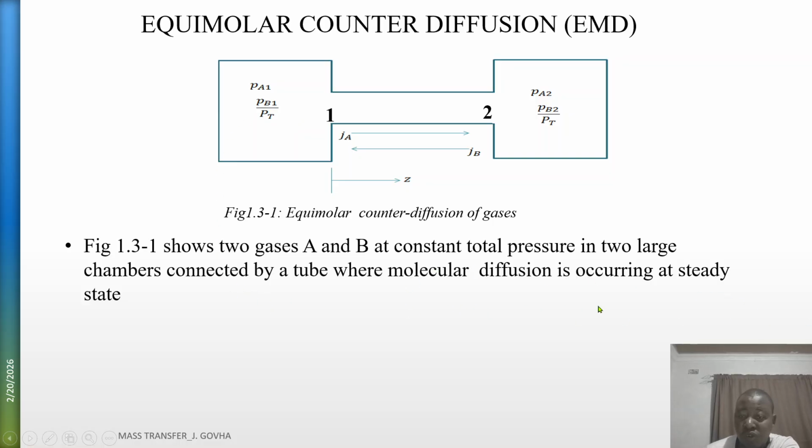where molecular diffusion is occurring at steady state. Understand that PA1 is greater than PA2.